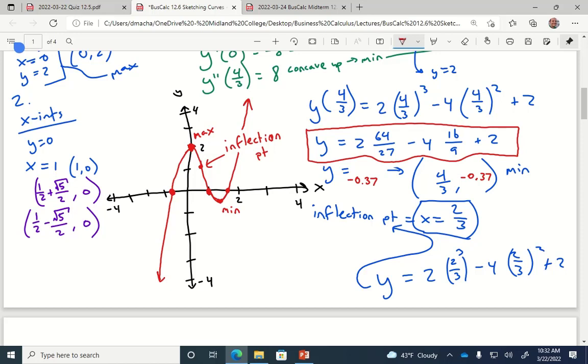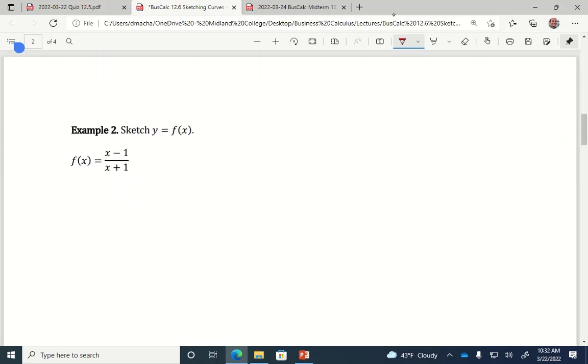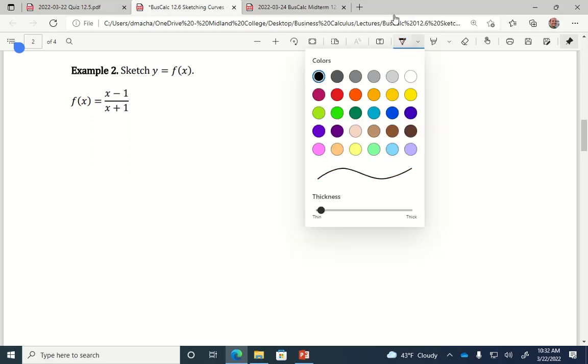If you have a good-looking graph and you labeled your x-intercepts, y-intercepts, maximums, minimums, inflection points, that would get you all of the points. If your graph looks like garbage, you probably will get 0 points. So try your best. It doesn't have to be perfect, but give it your best shot. This one I think is going to be radically different.